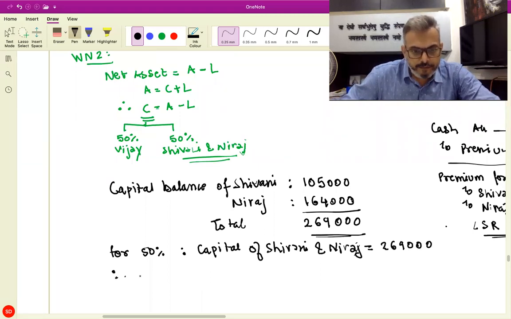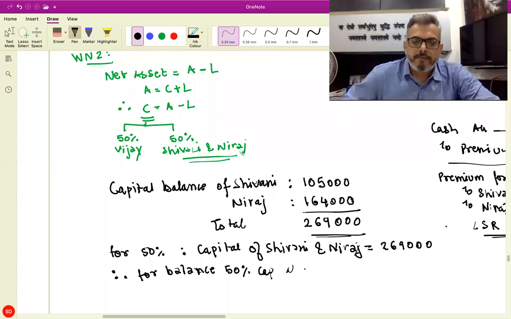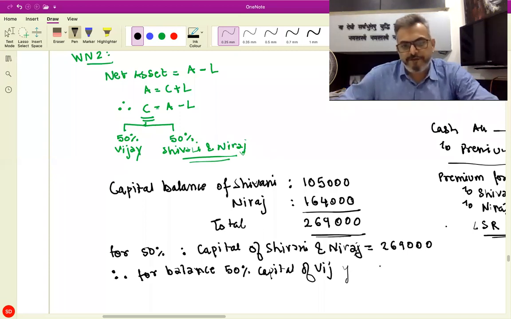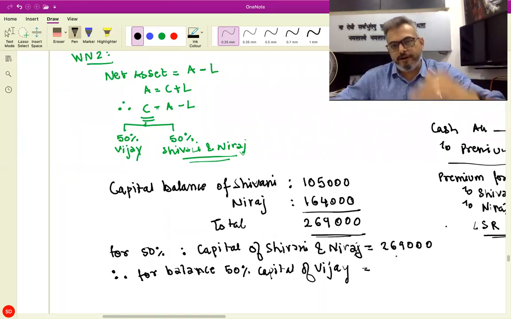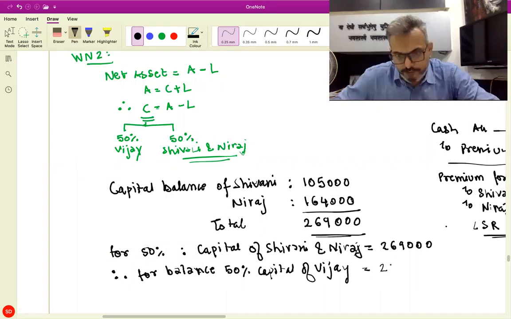Therefore, for balance 50% capital of Vijay, obviously 50% is 2,69,000, so remaining 50% will also be 2,69,000.